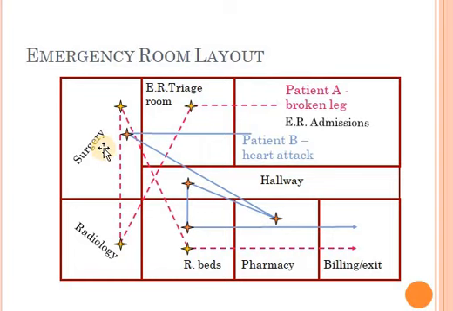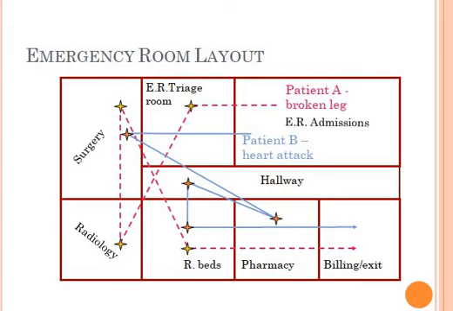Then after the surgery was performed, he was moved to his room. Then he proceeded to the pharmacy where he took some medicine, and then he was charged out. So you see this patient moved throughout the different departments, but in a different sequence.